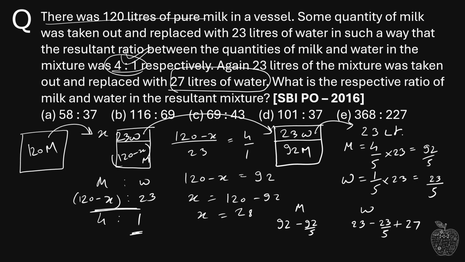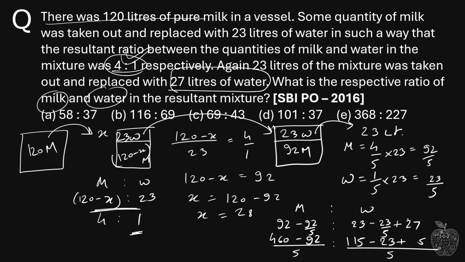What is the respective ratio of milk and water in the resultant mixture? So we have to find out the final ratio of milk and water in the resultant mixture. So here LCM will be 5, and 92 into 5 will give me 460, minus 92. Again here LCM will be 5, so 23 into 5 is 115, plus 5 times 27 is 135, minus 23.